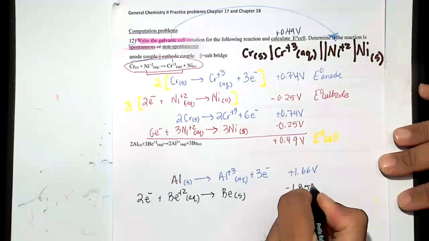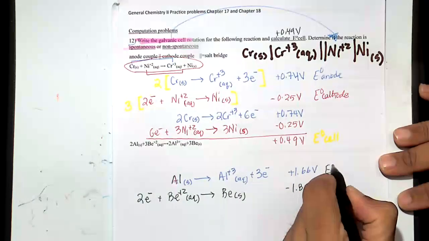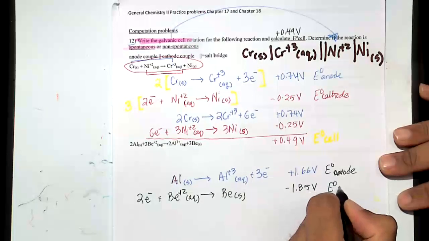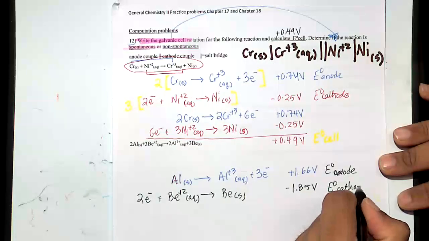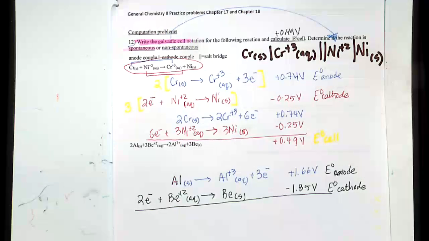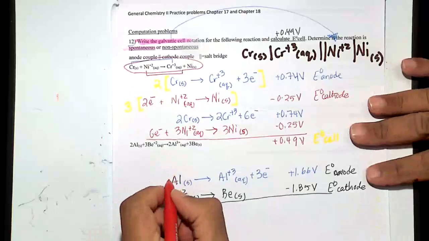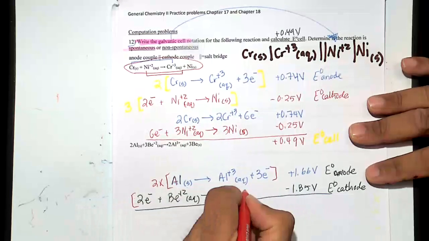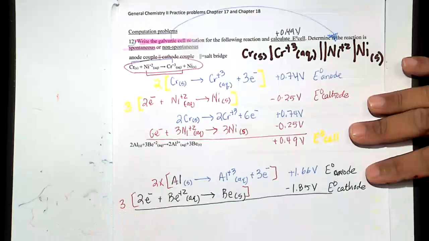Okay, remember, this is the anode up above, and this is the cathode down below. So it looks to me like, just like the previous problem above, this is going to be a 6 electron transfer reaction. So we'll multiply the top one by 2, and then the bottom one by 3.